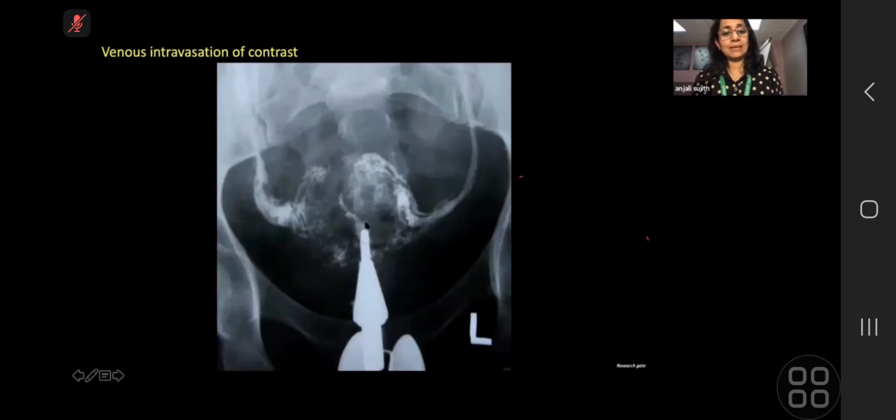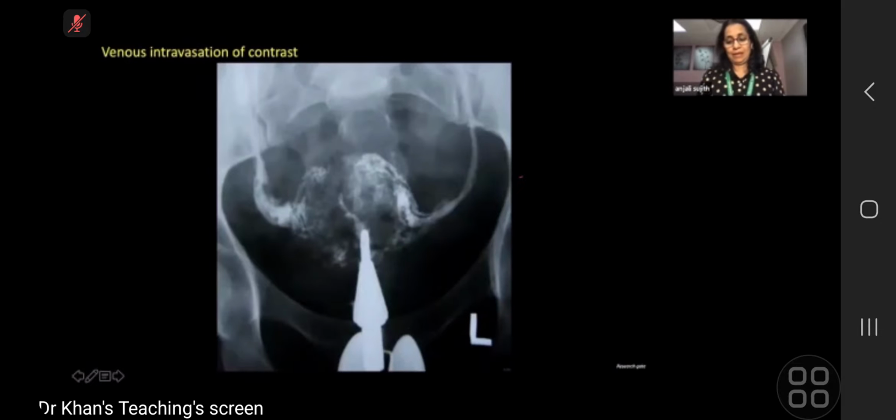So once you see it, you will remember it. Sometimes the HSG may show a tiny uterine cavity, but this appearance of a draining vessel is characteristic. Okay, so this is venous intravasation of contrast. It is not a pathology by itself. It is because of the forceful injection.